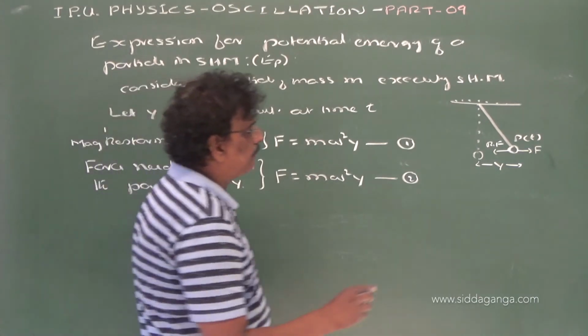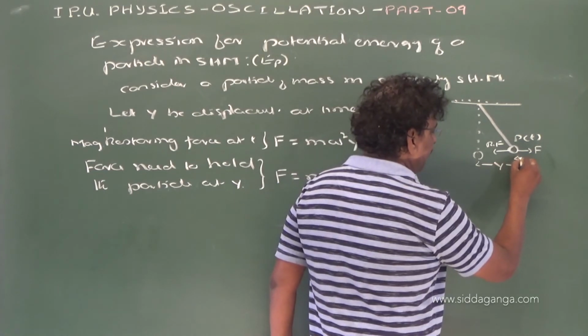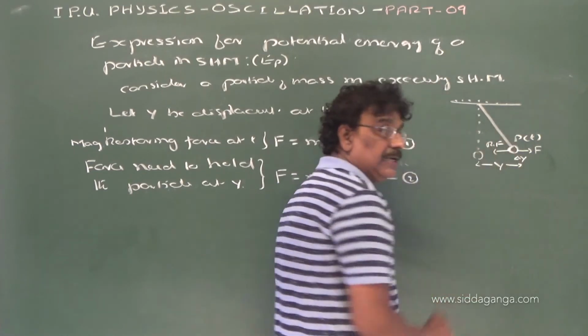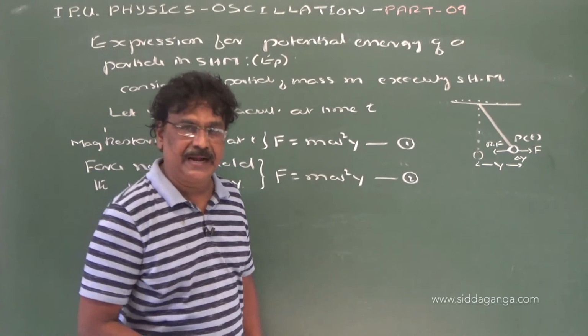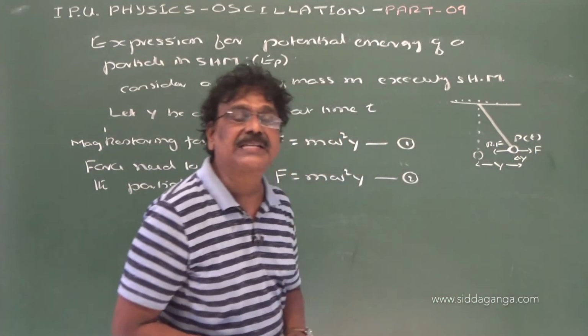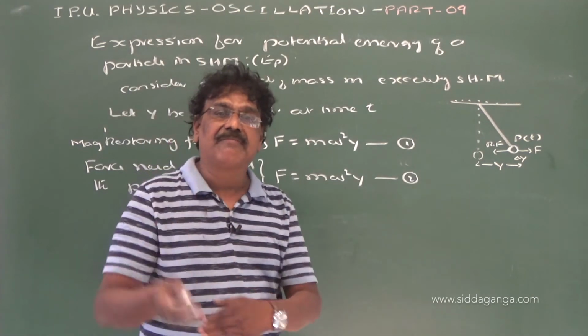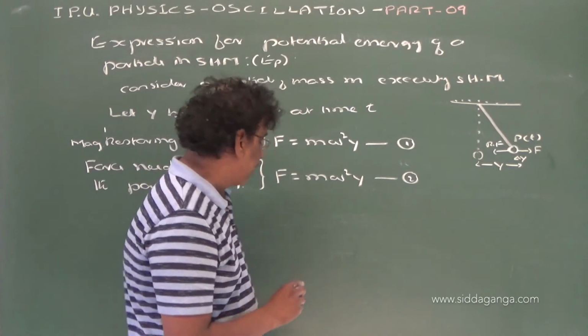Now suppose dy is a small displacement in the particle, done by the external force. Then the amount of work done is dw.